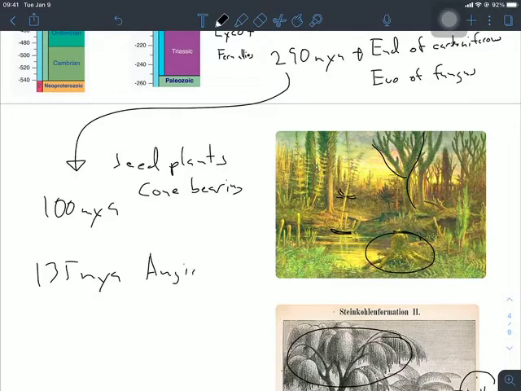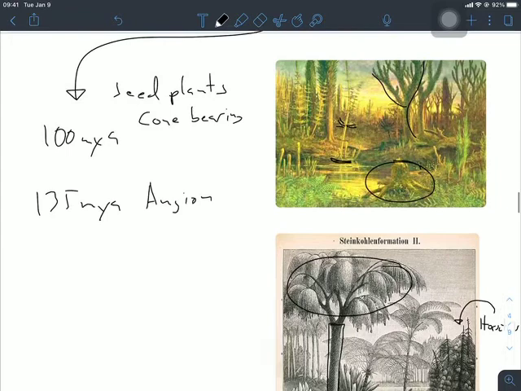These are our flowering plants. And they truly began to dominate the planet, slowly but surely, since then. Now, perhaps the most dominant of our angiosperms, grasses, are only 40 million years old.